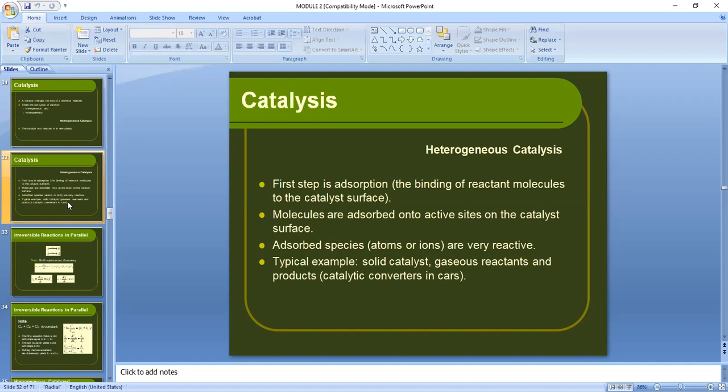We can have either a solid catalyst in a liquid system or a solid catalyst in a gaseous system. The molecules that need to be reacted bind first on the active sites on the surface of your catalyst. That's where they get adsorbed, and that's when they are ready to react. That's the very purpose of the catalyst.